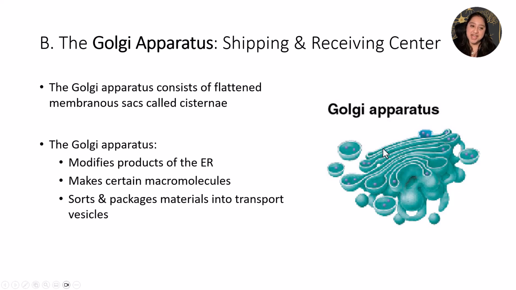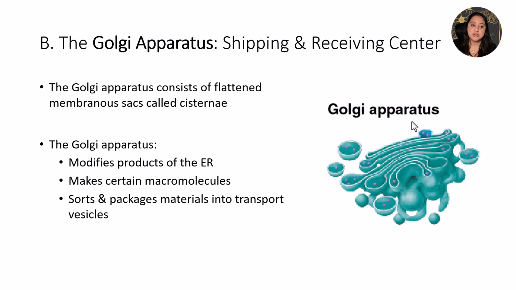It consists of flattened membranous sacs called cisternae. So it looks a little bit similar to the ER, but it's different. It's a lot more flattened and obviously smooth, and it is detached from the ER. So stuff has to get sent to the Golgi apparatus through those transport vesicles.